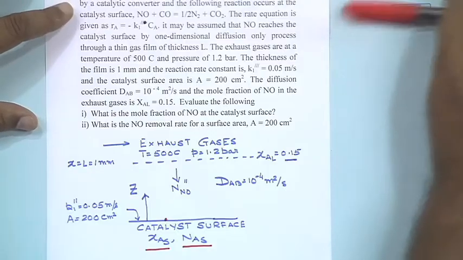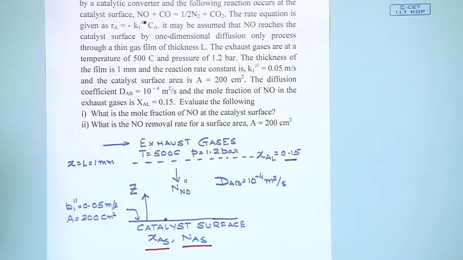Initially, in the first class, we will start with the solution of the problem where automobile exhaust gases are converted to rather harmless products by a reaction that is taking place on a catalytic surface. So, we would start with this. Now, if you see this problem, you have done it before.